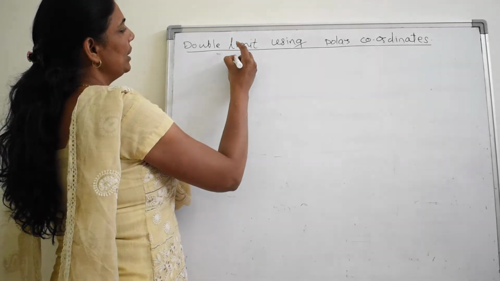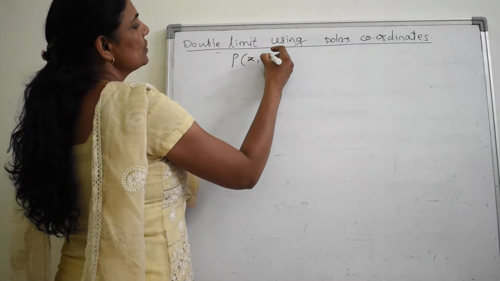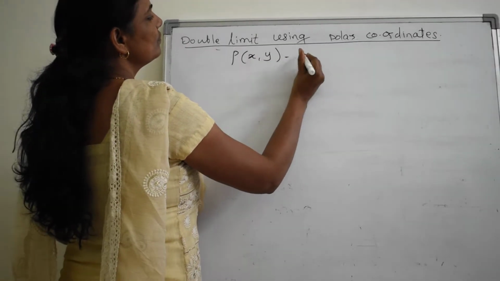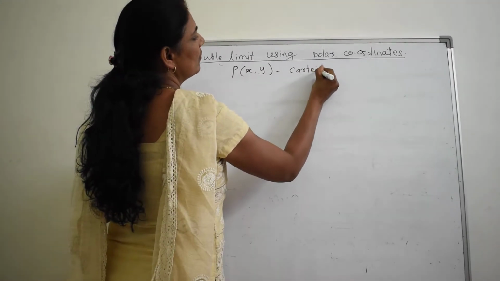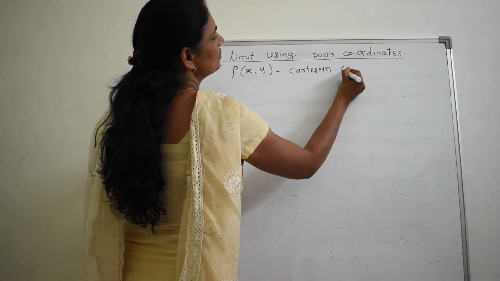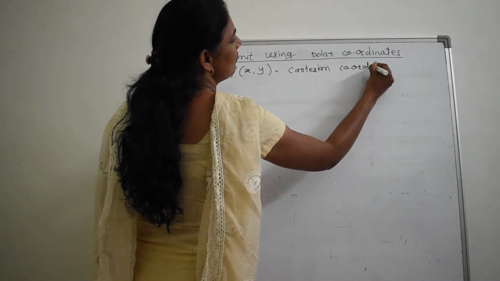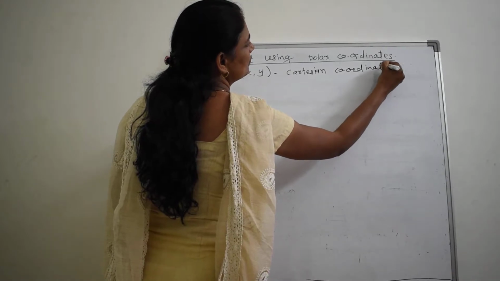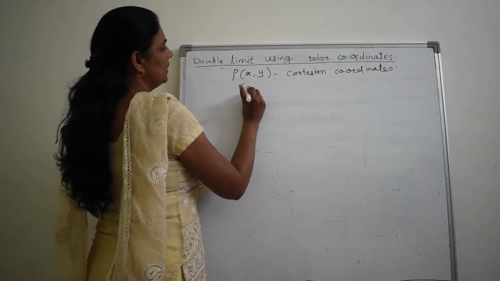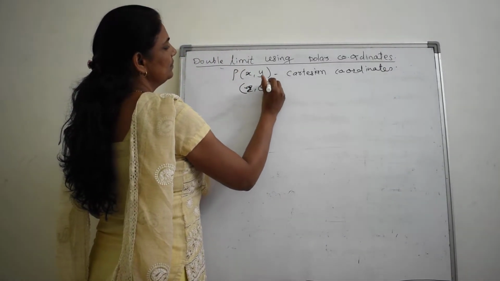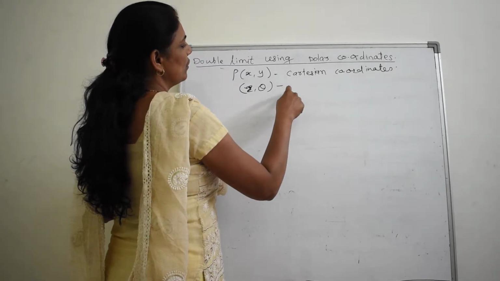So let point P have Cartesian coordinates (x, y), and let (r, theta) be its polar coordinates.